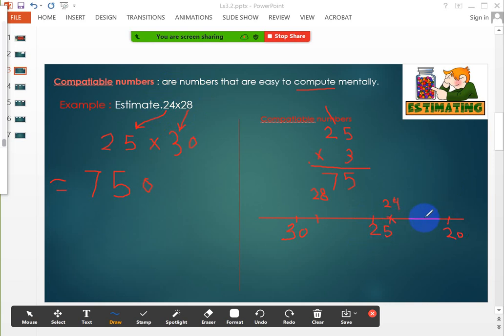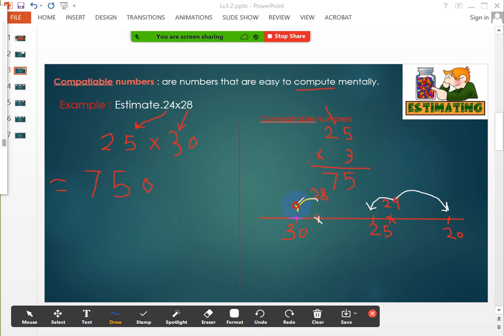It's close to 25, so I will estimate 24 to 25. This is the first number. The second number is 28. It lies between 25 and 30. It's close to 30, of course.